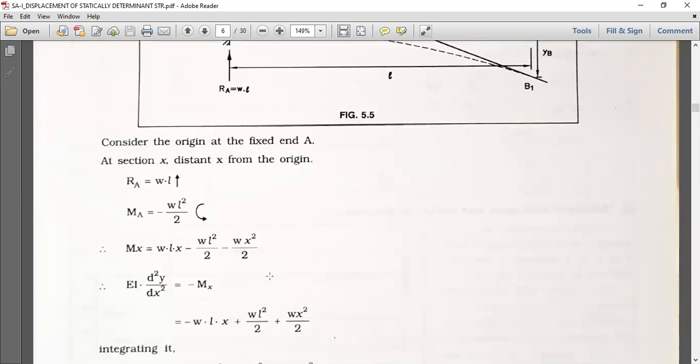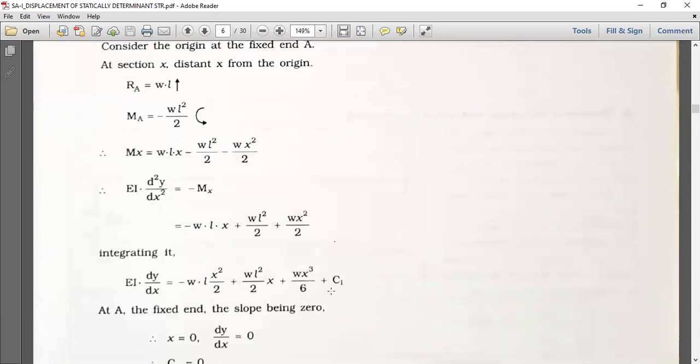Now EI into d square y upon dx square is equal to minus MX. Put the values: minus W into L into X plus WL square by 2 minus WX square by 2.